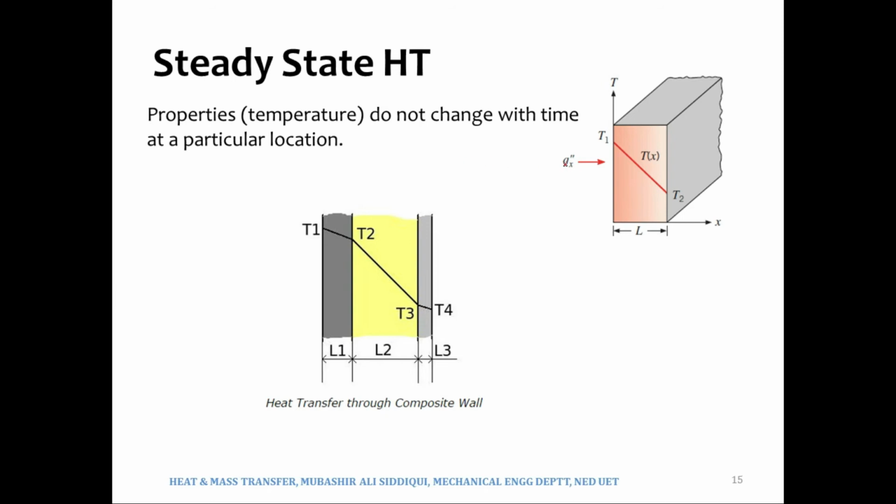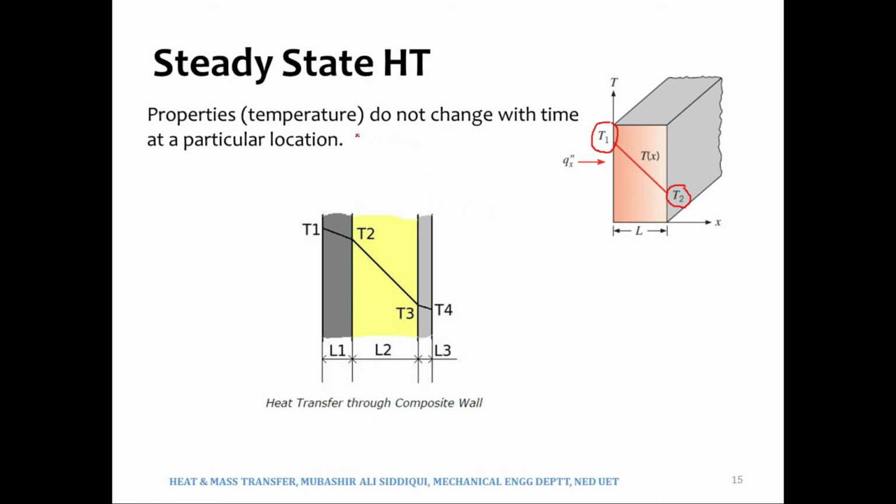So if, for example, T1 is 100 degrees Celsius and T2 is 30 degrees Celsius, and T1 remains around 100 degrees Celsius and does not change with time, whether you check it now or after a couple of minutes or after a couple of days or after a month or after 6 months, and similarly T2 remains the same as well, that would make it the case of steady heat transfer.